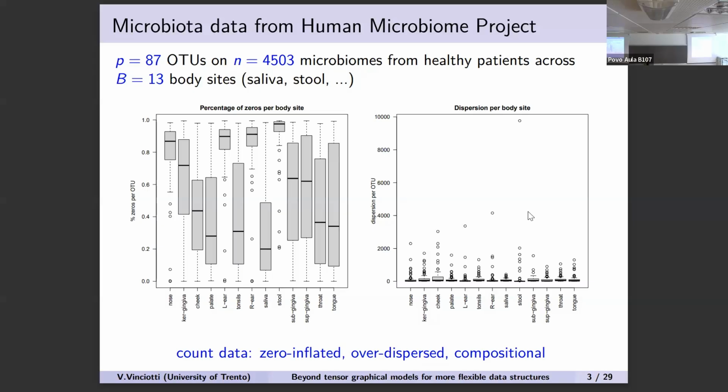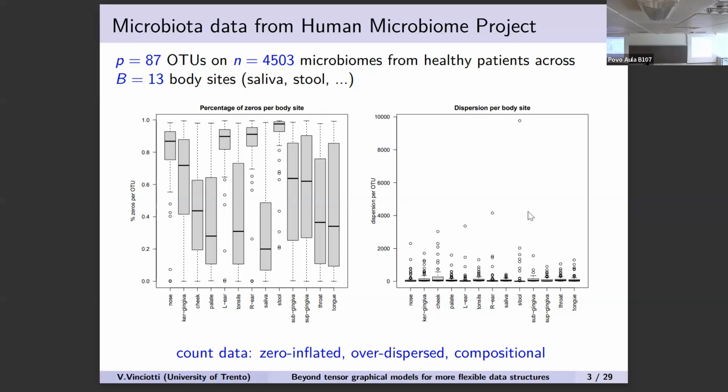Generally, these data are very sparse, so there is a large percentage of zeros, which does need to be taken into account in any kind of statistical model. And I should say it's count data. The latest biological experiments give you data in the form of the number of biological fragments in a sample. And indeed, there are many zeros in here.